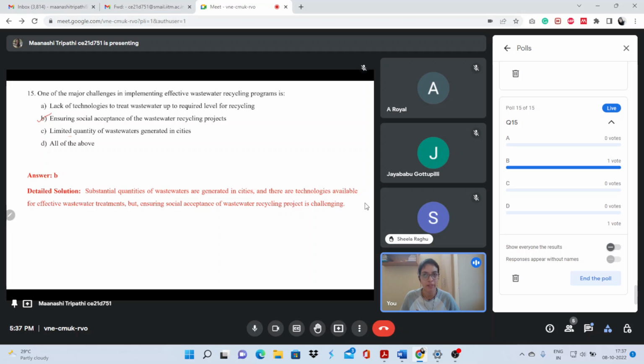So what we have done is we are storing this water in a lake. Then we have divided our water into two parts. One part we have stored in the lake. From this lake, a water treatment plant is taking water, treating it, and distributing.